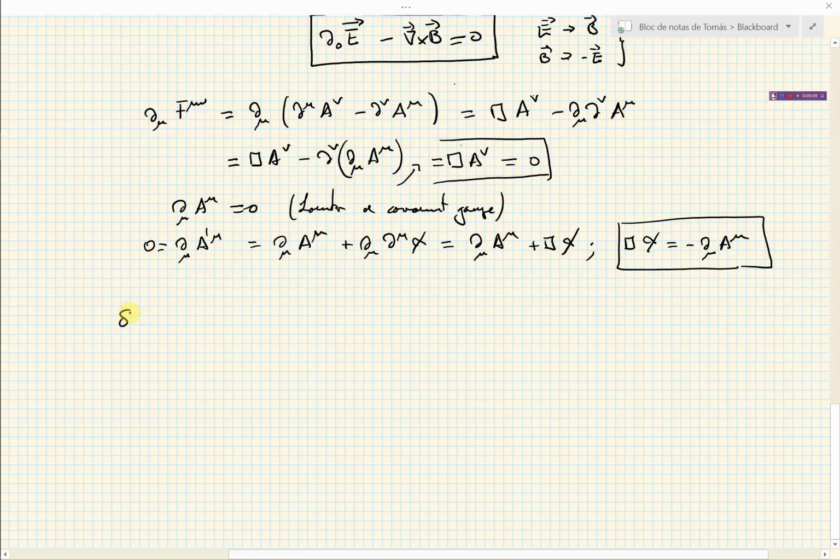We know that this action is invariant under the transformations chi, which are of this form, and that we can consider infinitesimal if this chi is very small. So we know that this is 0. And now if we vary the action, as before, we get a factor of 2 F mu nu and the variation of just one of these F mu nu.